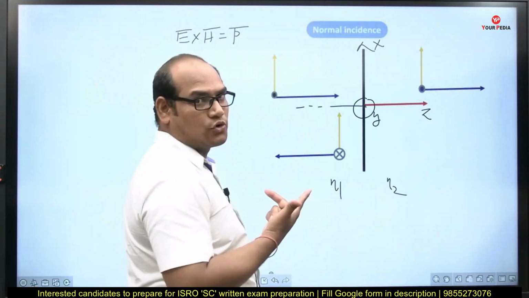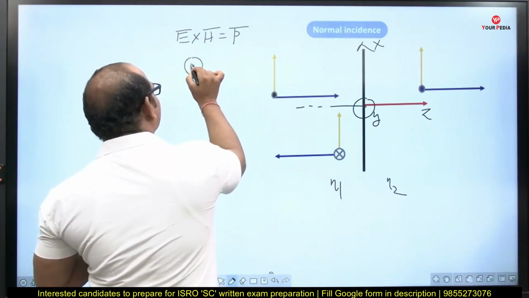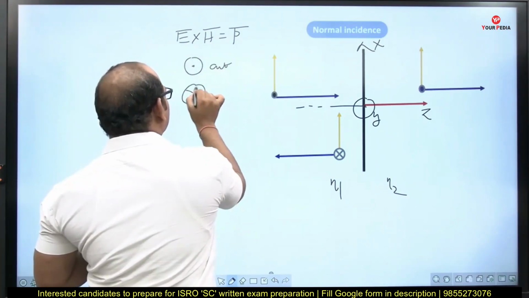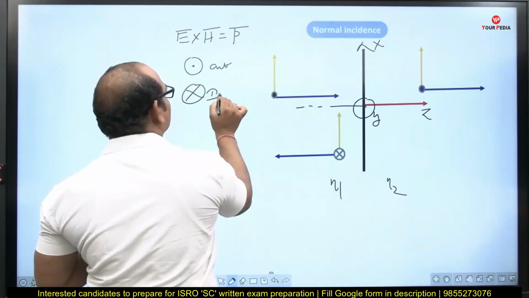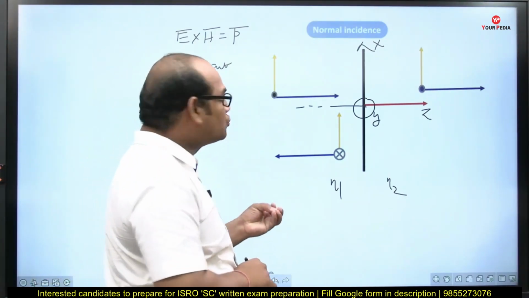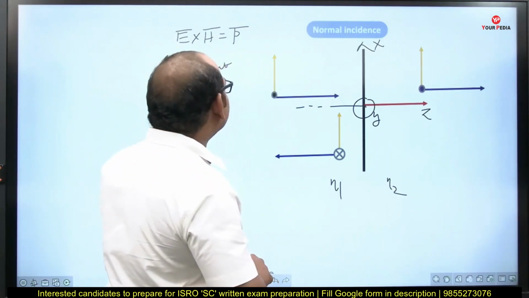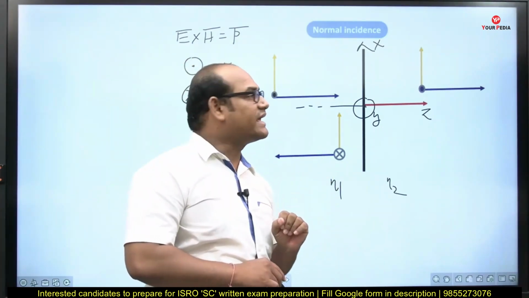I have already told that a dot circle is nothing but coming outside, and a cross circle is nothing but inside. When you use the cross circle, the vector or axis should go inside, and when you use the dot circle, the vector or axis should come out of the screen. Like that you have to take care.